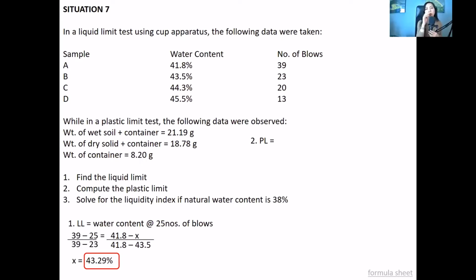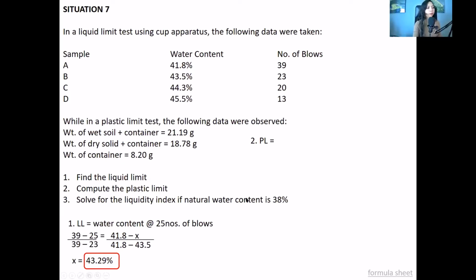Pero, ang gusto mo, pag 3 mm na yung diameter nung soil coil mo, dapat magbe-break na siya in itself. Kapag maaga siyang nag-break, ibig sabihin, hindi mo pa naabot yung plastic limit.